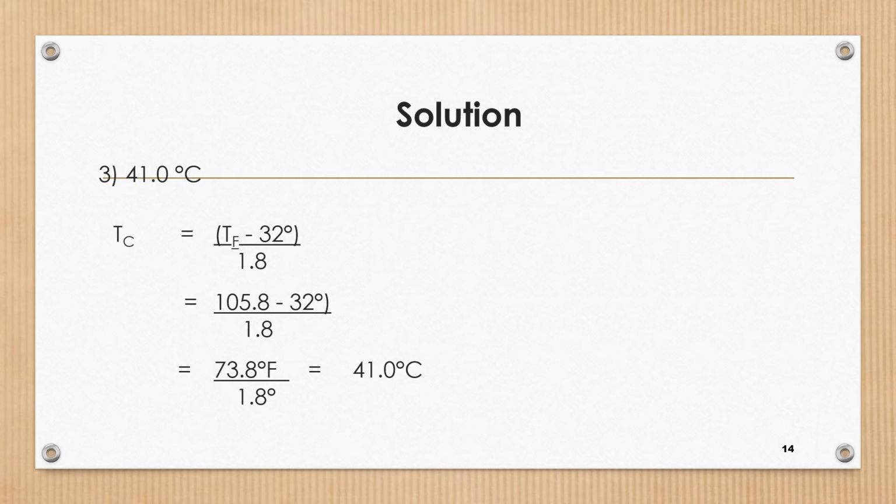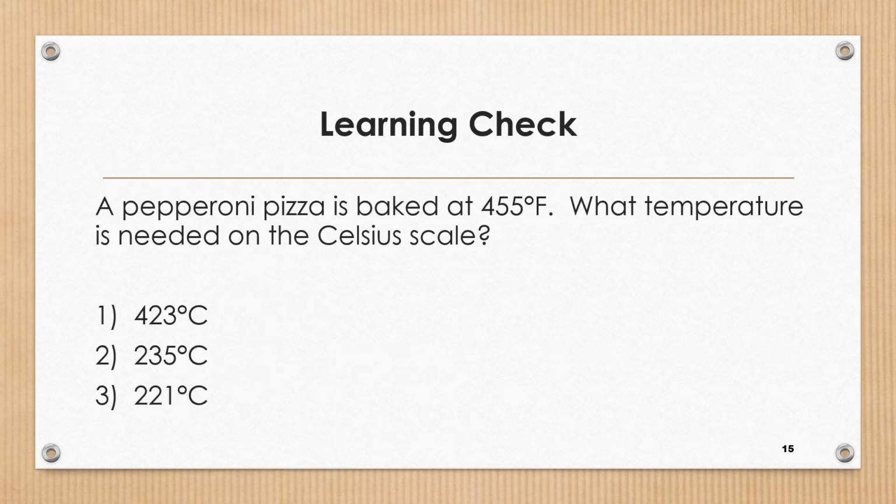So our given is 105.8 minus 32, over 1.8. So we have 73.8 divided by 1.8. So our final answer is 41.0 degrees Celsius.